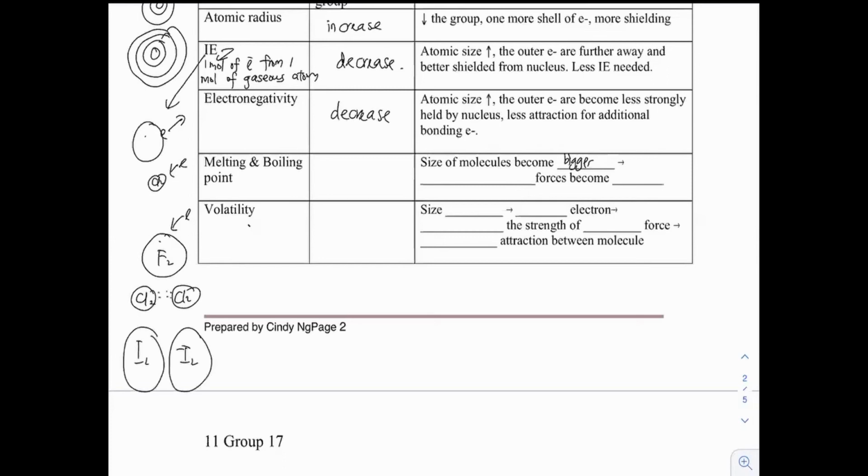So we are focusing on the intermolecular forces between the molecules, and those intermolecular forces are affected by the number of electrons. Therefore, as the size of the molecule becomes bigger, the van der Waals forces, or we say induced dipole forces, become stronger due to the increased number of electrons. So this is the keyword. Because of that, the melting point or boiling point increases.